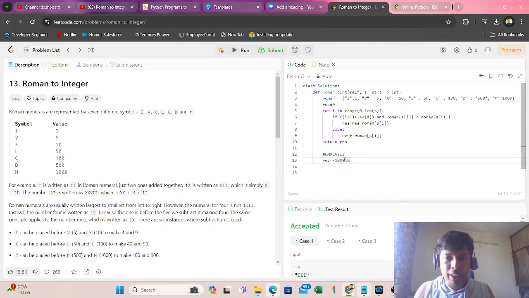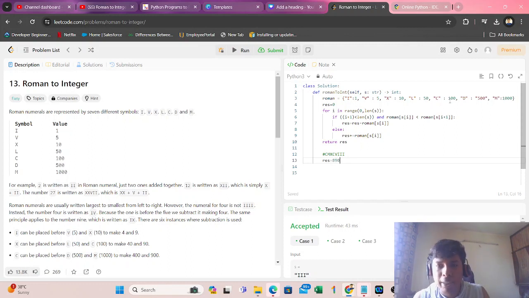Adding 1000, it will become 900. Okay. Now i becomes 2. This is X. X value is 10, which is less than C, because C value is 100 and C is i plus 1. So basically we are going to subtract that value. So 900 minus 10, that becomes 890.